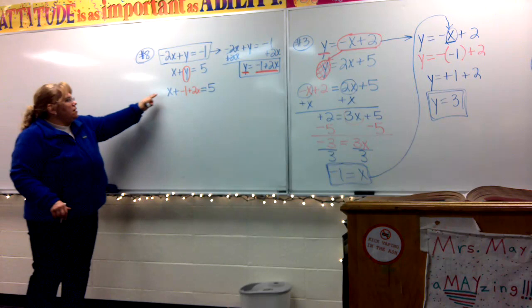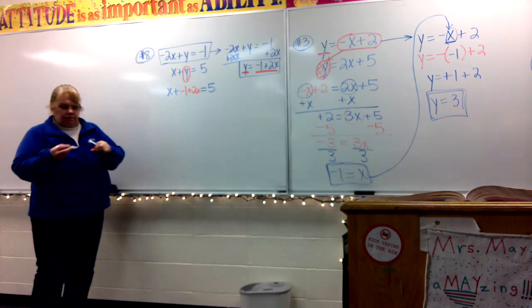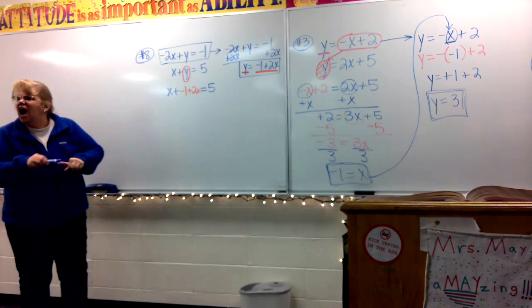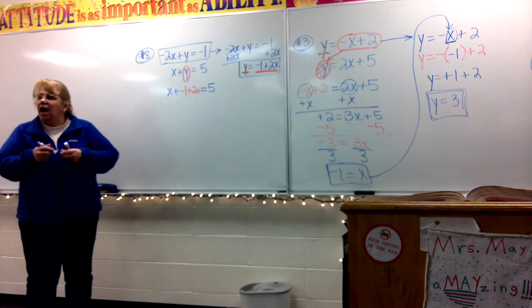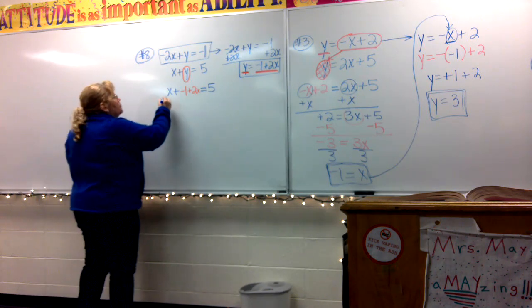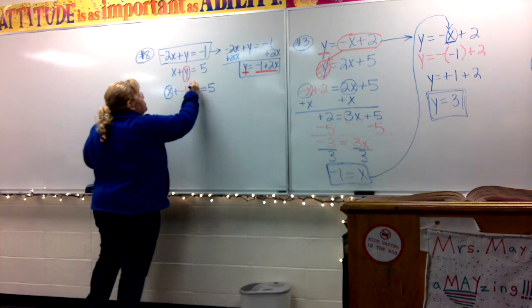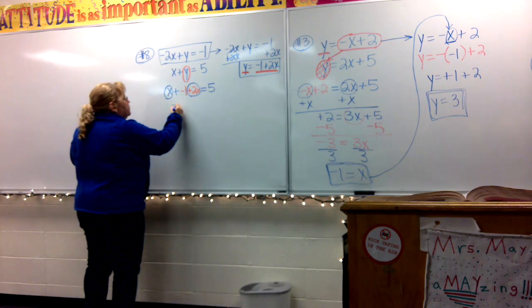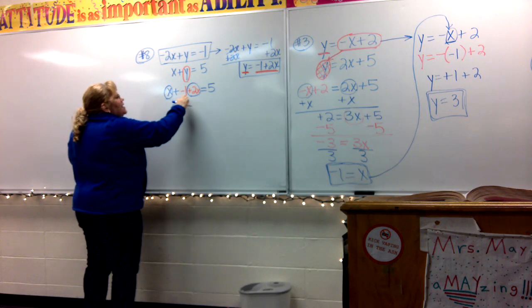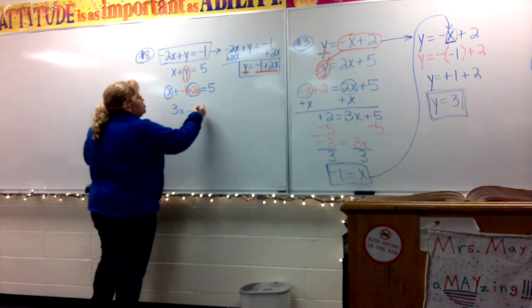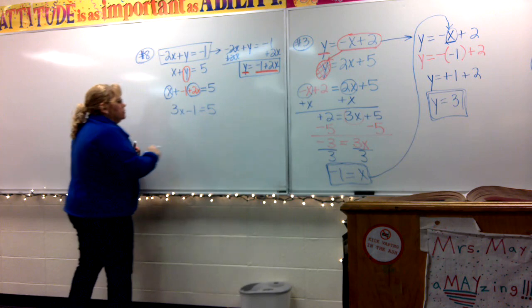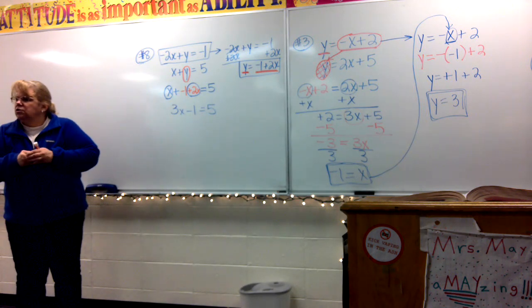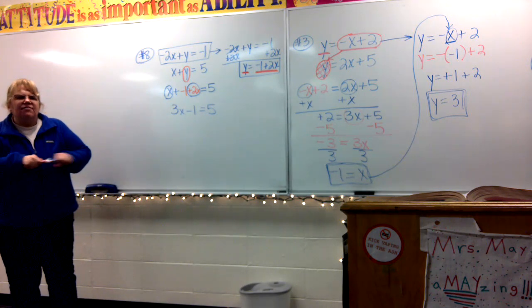And now, all you have are x's here. Here's an x. Here's an x. What's 2x plus another x? If I'm adding negative 1, can I just put minus 1? Do I have all the x's together?